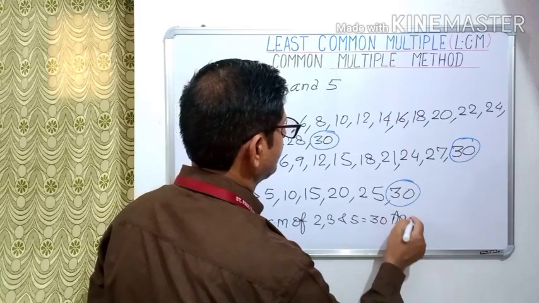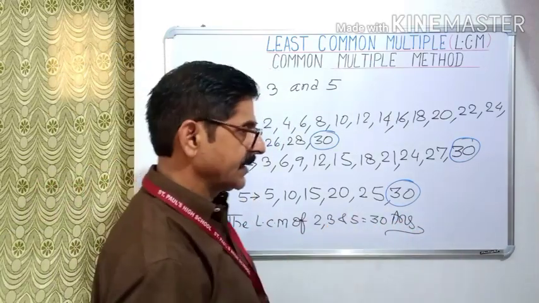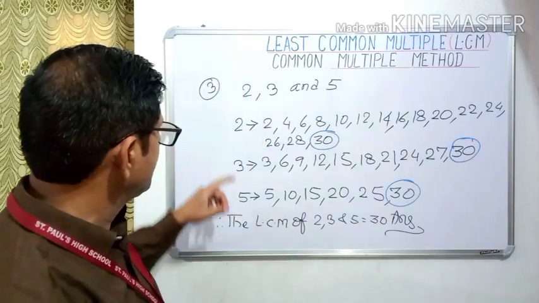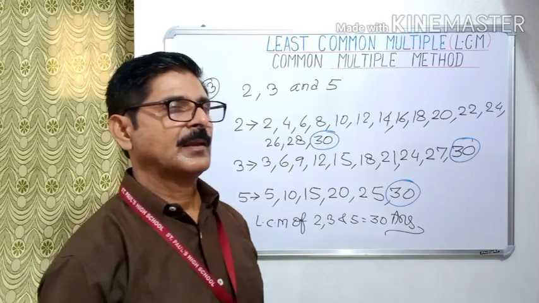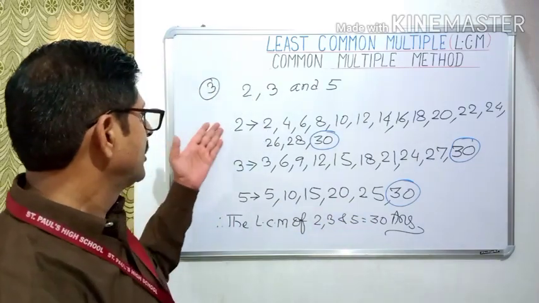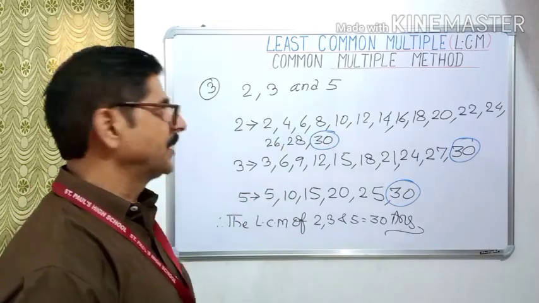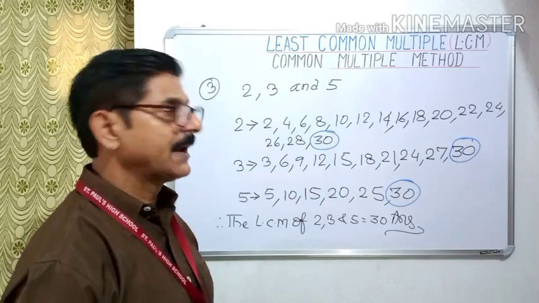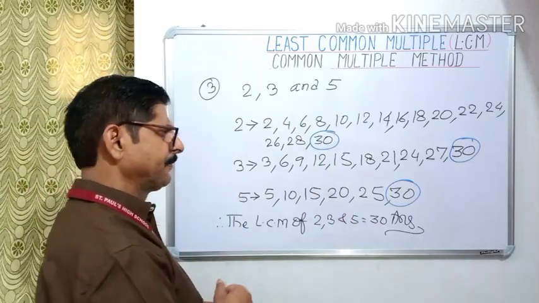Again the same thing. No number less than 30 is exactly divisible by 2, 3 and 5. Numbers less than 30 may be divisible by 1 or 2 numbers, but not all the 3 numbers, and that's the meaning of LCM. So, dear children, what did we see?